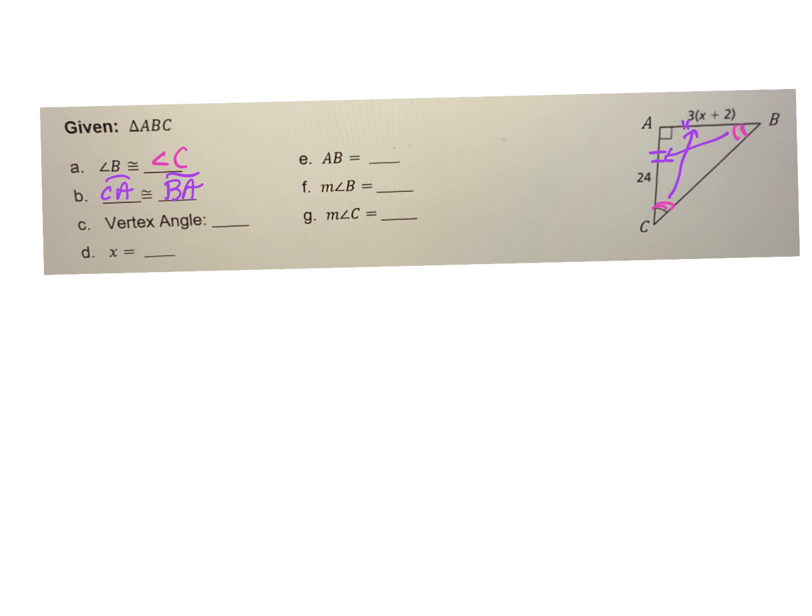What do you notice in this problem right here? What is the same? The same as angle A. So angle A is your vertex angle. So remember, the congruent symbol means that it wants a letter. If it is an equal symbol, it wants a number. So we have letters for those.